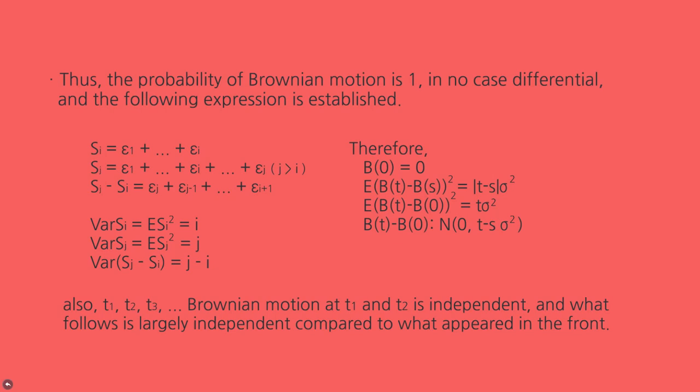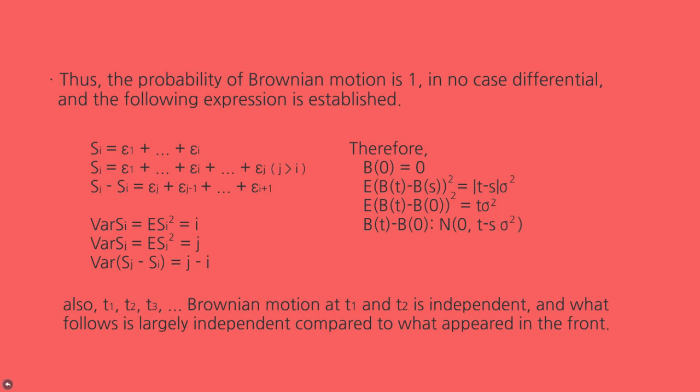For example, Si equals epsilon 1 plus ellipsis plus epsilon i, and Sj equals epsilon 1 plus ellipsis plus epsilon i plus ellipsis plus epsilon j. So, Sj minus Si equals epsilon j plus epsilon j minus 1 plus ellipsis plus epsilon i plus 1.